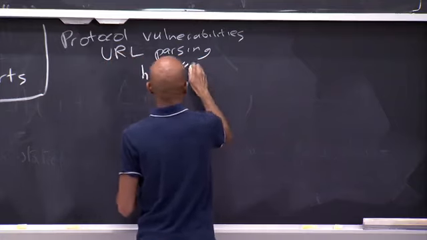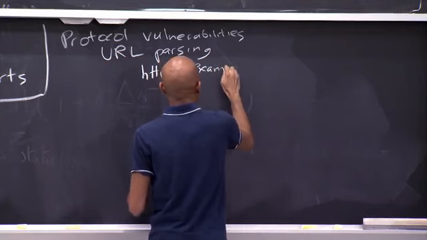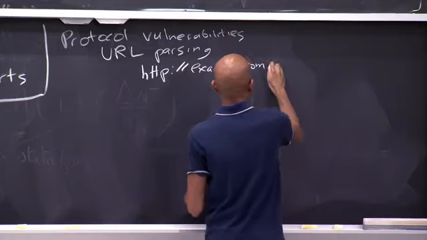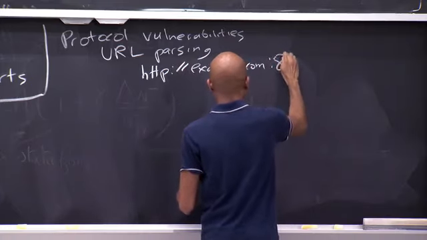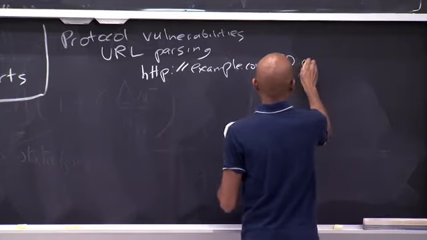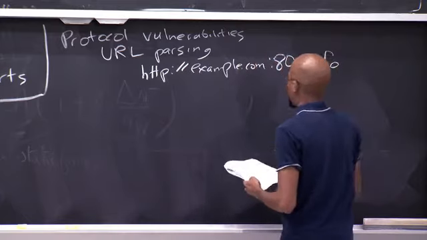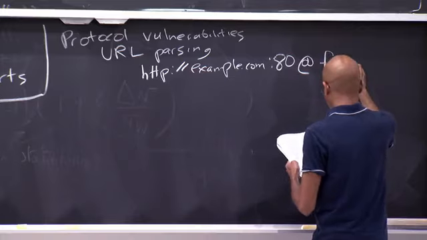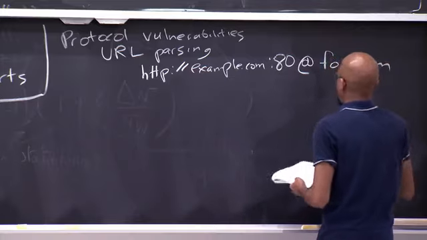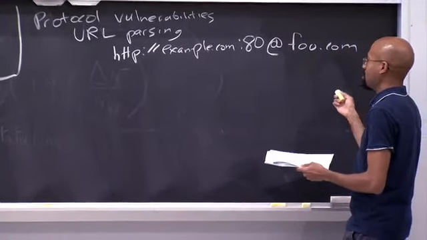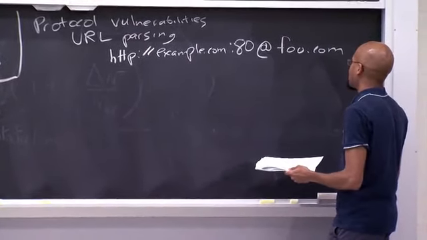HTTP comes from example.com, and then it's got an explicit port that specifies 80, and then for some unknown reason it embeds this @ character here. So the question is, what is the origin of this particular URL?